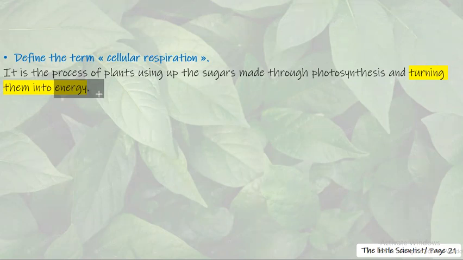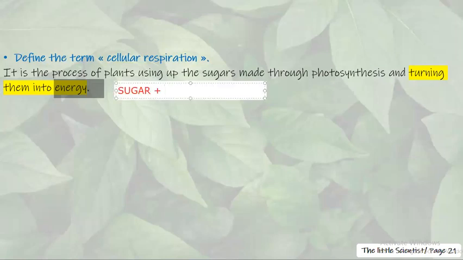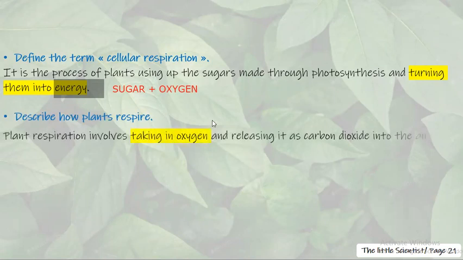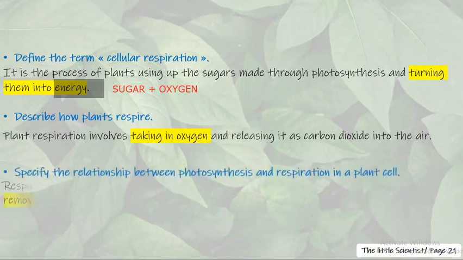Plants mix or combine sugar with the oxygen that they breathe to make ATP energy. How do plants breathe? Plants breathe in or take in oxygen and they release carbon dioxide into the air.